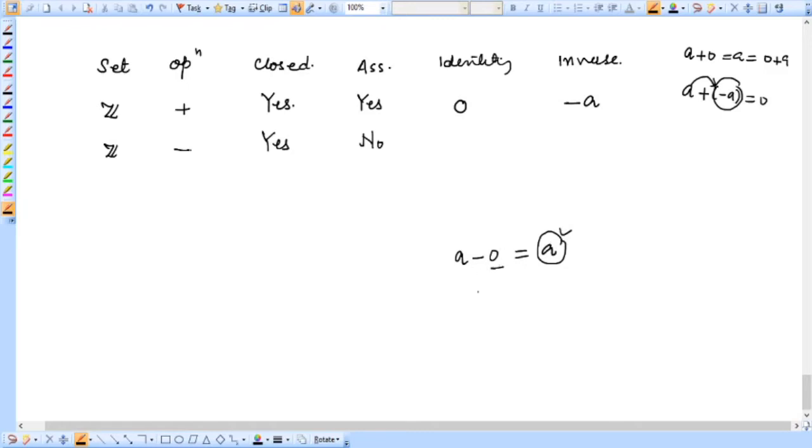But you see, it should have been equal to 0 minus a, but this is equal to minus a. So a minus 0 is equal to a, true, but 0 minus a is not equal to a. So therefore there exists no identity.